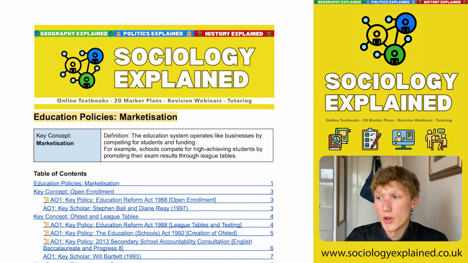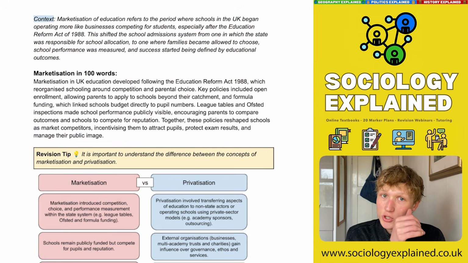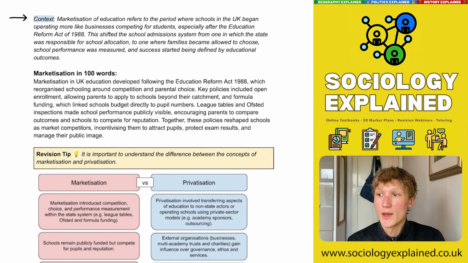So as an introduction to what marketisation is, it's generally a movement within education, along with other areas of life or parts of society, where education and schools have begun acting more like businesses. That's been driven through policies by the government, particularly following the Education Reform Act of 1988.